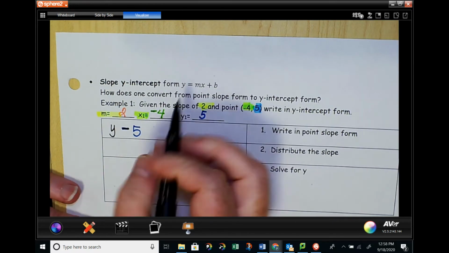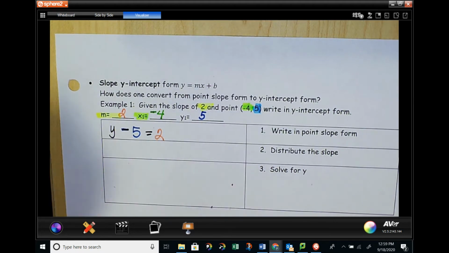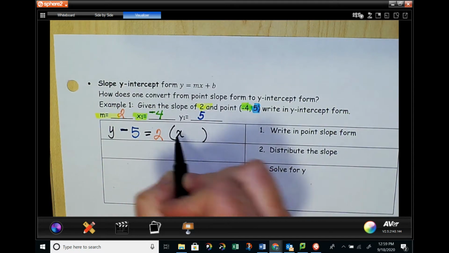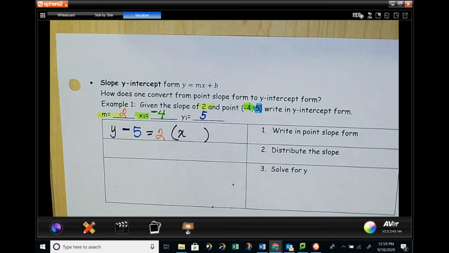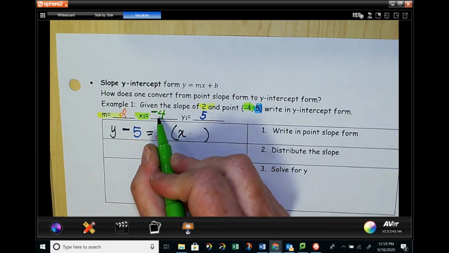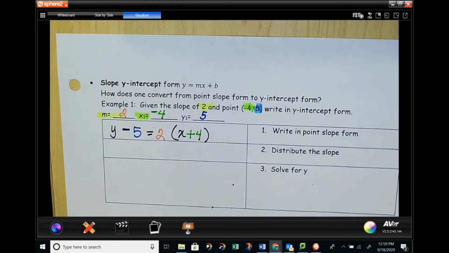And then you have equals, and then your slope. Our slope in this case is 2, so we plug in that slope. And then you're going to go x, and the opposite of negative 4 is positive 4. You can write it that way because it's a little bit easier and faster.